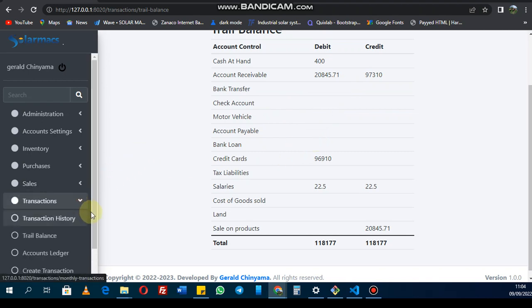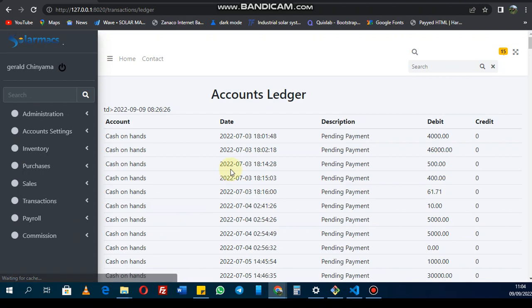The other item on transactions is the accounts ledger. The accounts ledger shows you all the transactions grouped by account. So these are the individual accounts, how payment is happening, what credits are there, what debits are there, those kinds of items.